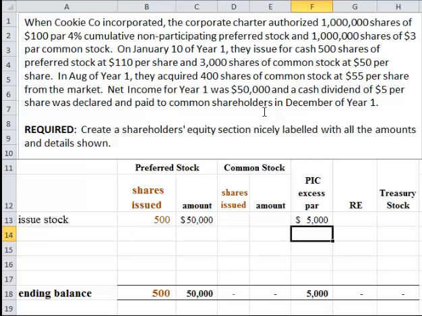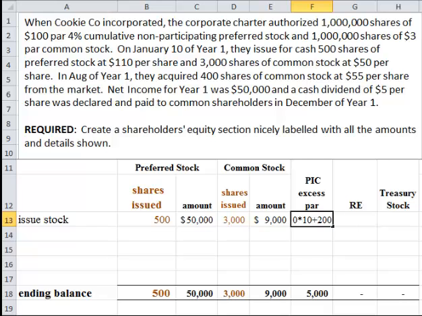Now let's say I also issued some common stock, 3,000 shares at 50. Okay, so 3,000 shares. And what's the par? The par is $3, so I can only put par in the par account. So 3,000 times 3. And the rest has to flop over and be added to the excess for the preferred.